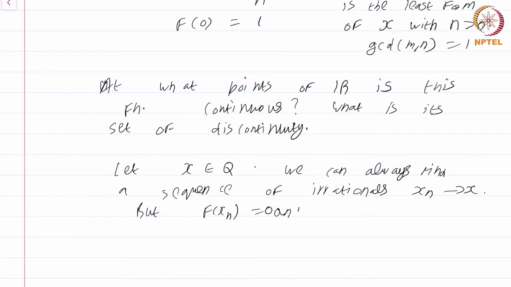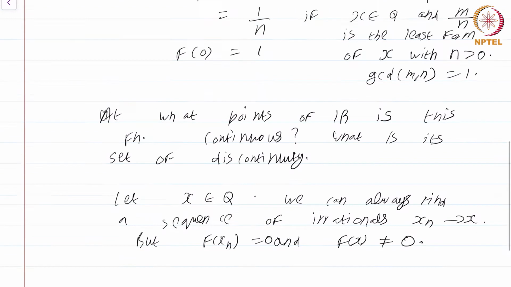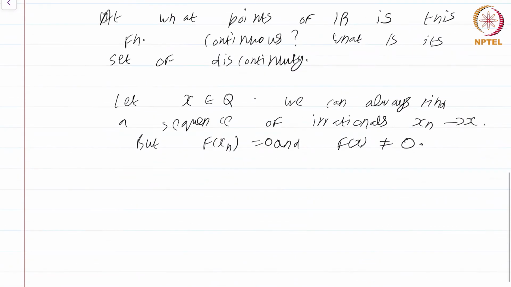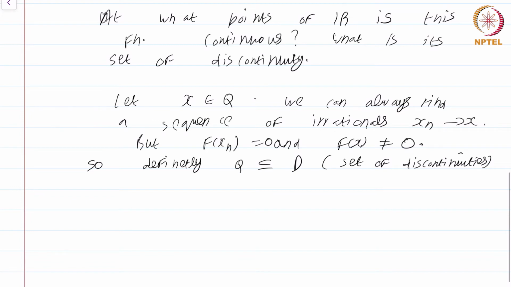And f of x is definitely not 0, right? Irrespective of what rational number you choose, you either get 1 by n, or in the case you are at the point 0, you get 1. So definitely Q is a subset of D, the set of discontinuities. So the Thomae function definitely is not continuous at each point of the rational numbers.